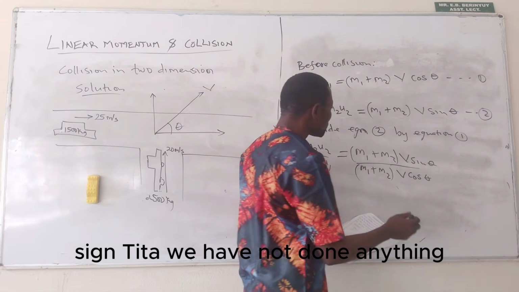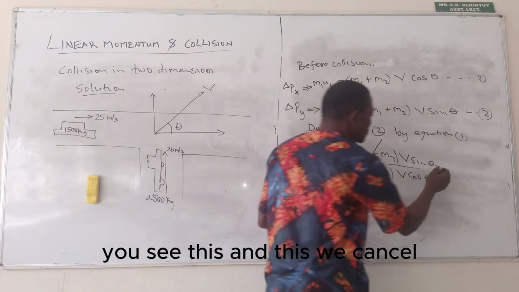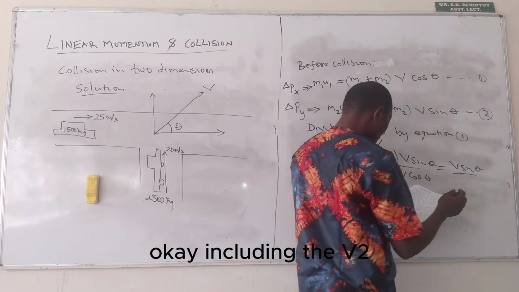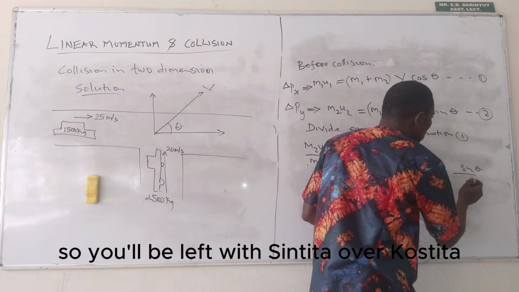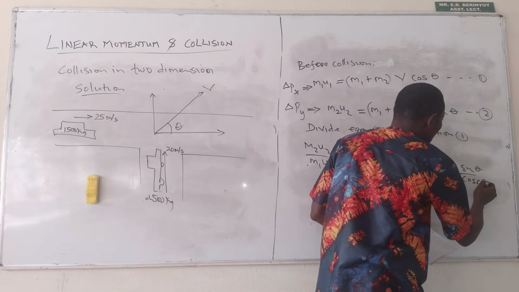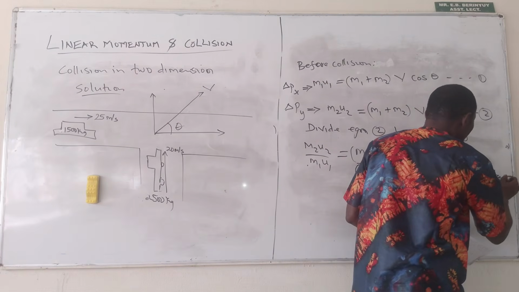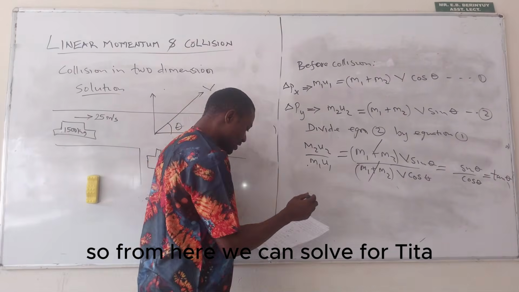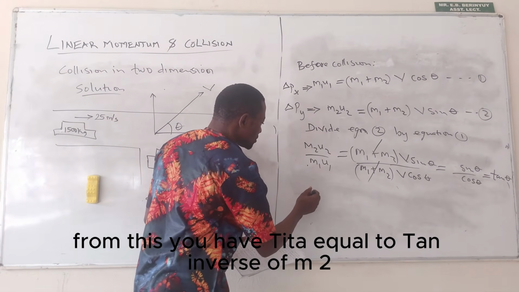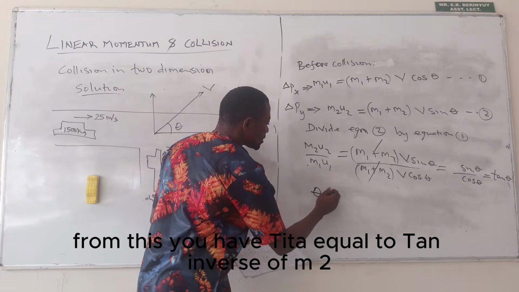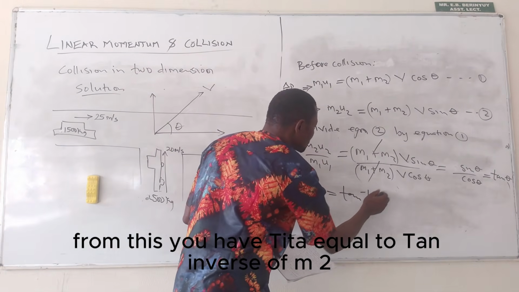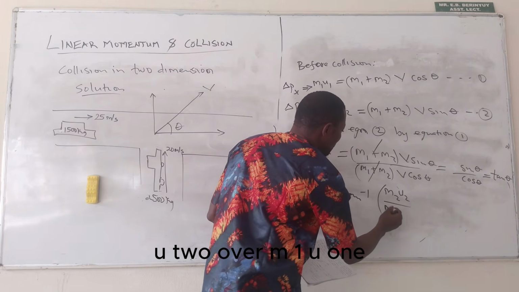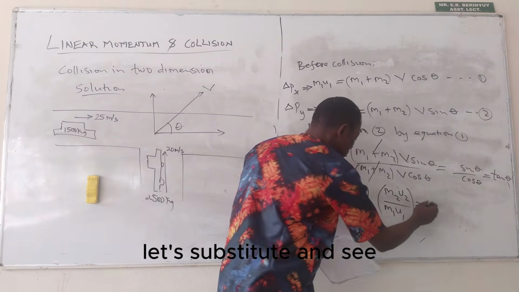You see, this and this we cancel, including the v too. So you'll be left with sine theta over cos theta, which is equal to tan theta. So from here, we can solve for theta. You have theta equal to tan inverse of m2 u2 over m1 u1.